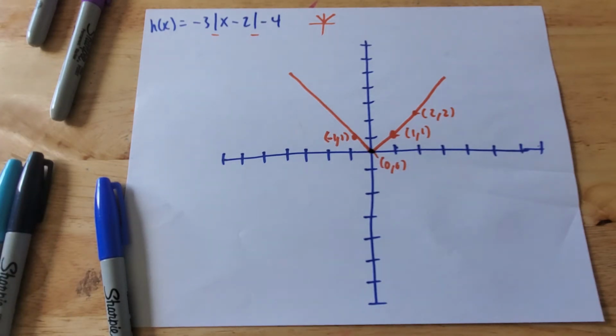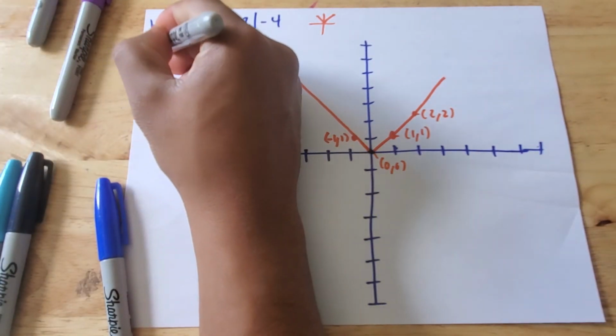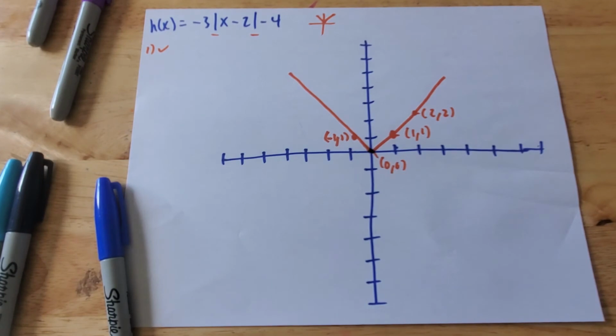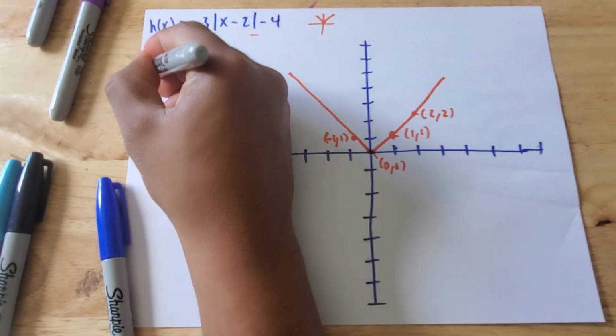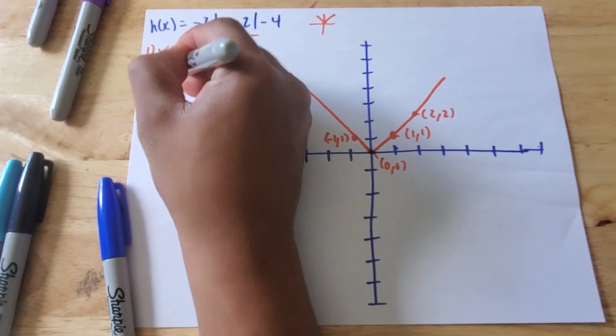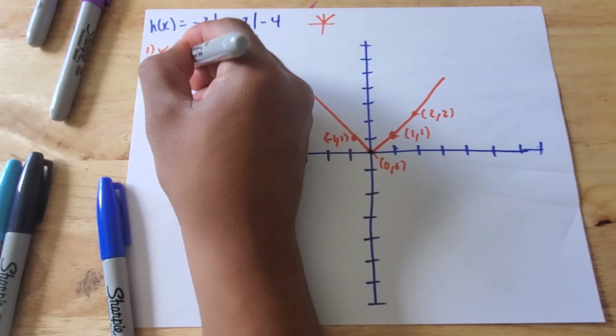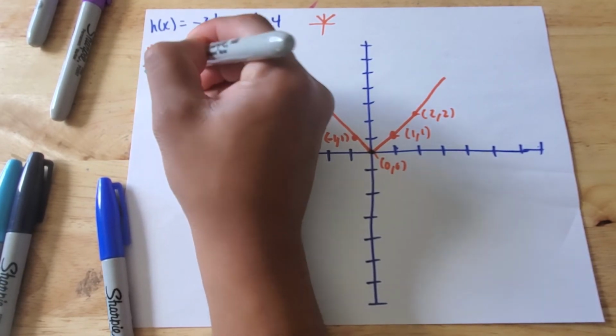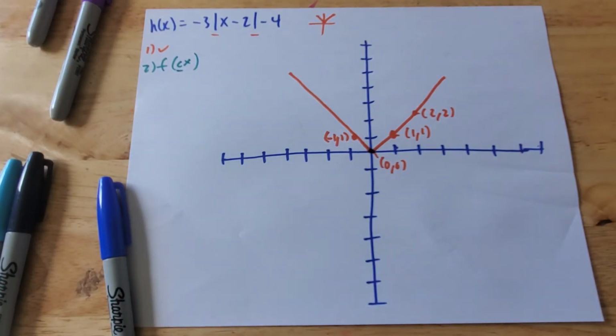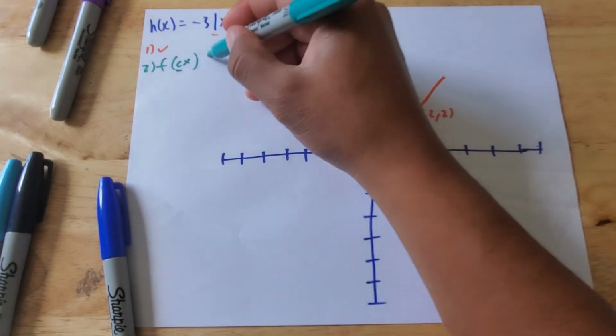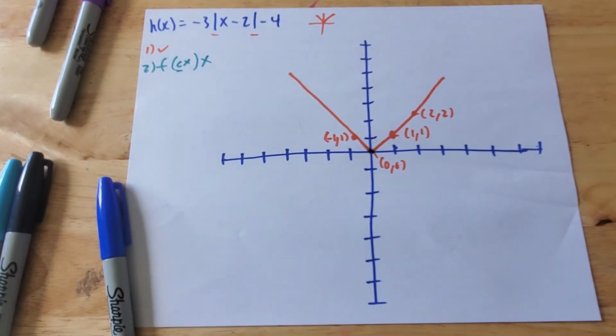But we have to see the first thing. So the first thing, check, which was identifying the parent function. Second thing is we have to see if anything is happening inside. So if that's either a constant or a negative to that x that's multiplying to it. And there's nothing there, so we can not do that one.